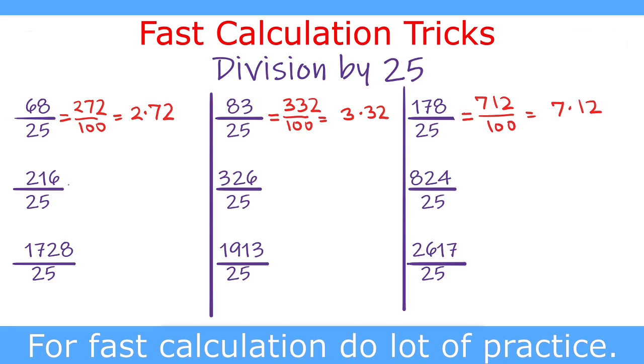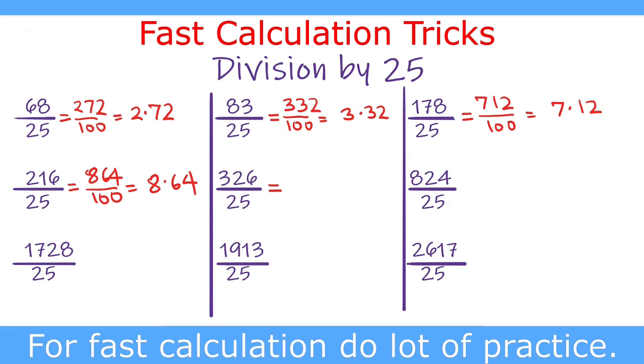Now we go to the next question. 216 divided by 25. The double of 216 is 432 and the double of 432 is 864. So we write 864 divided by 100 equal to 8.64. Instead of writing all these steps, we should directly write the answer by multiplying in mind.